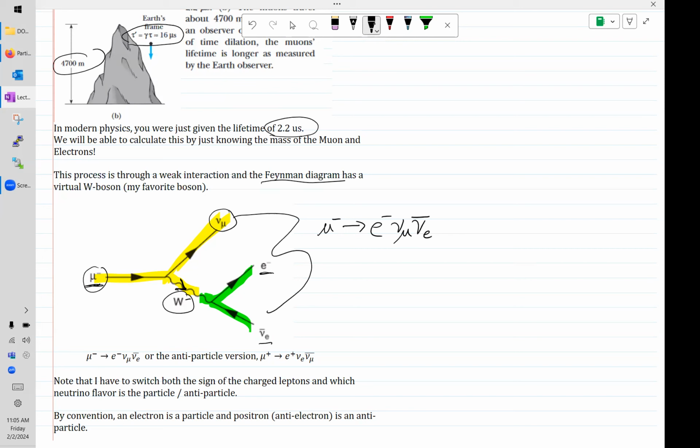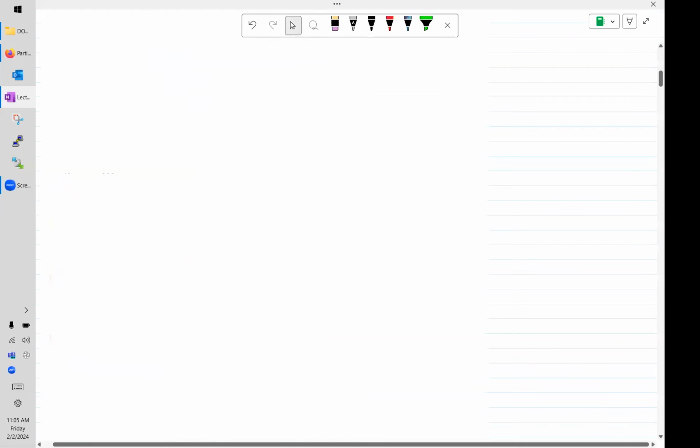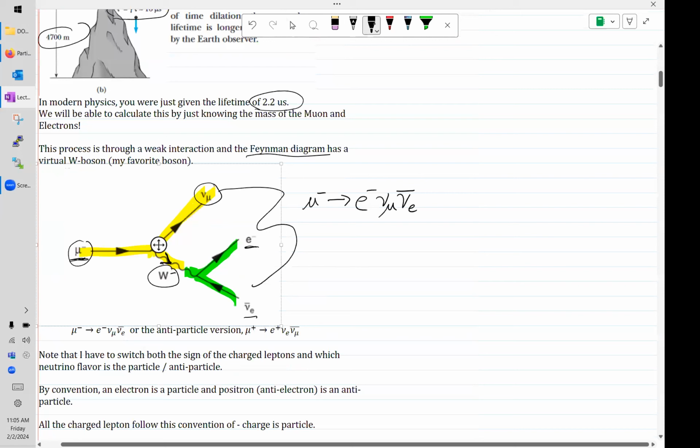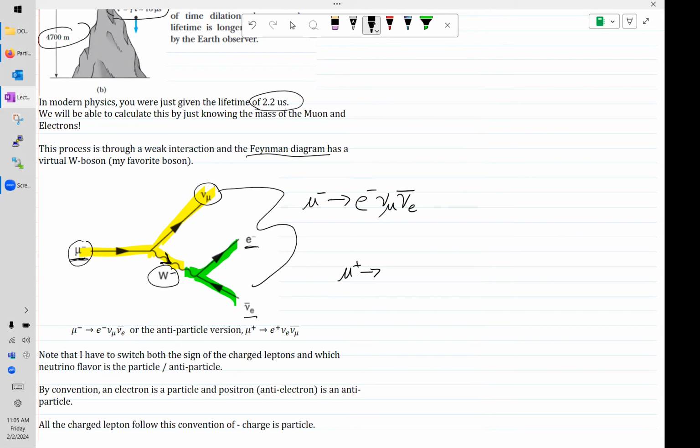There's an anti-particle version of this, so you can have a mu plus decaying, instead of decaying into an e minus, it decays into an e plus.